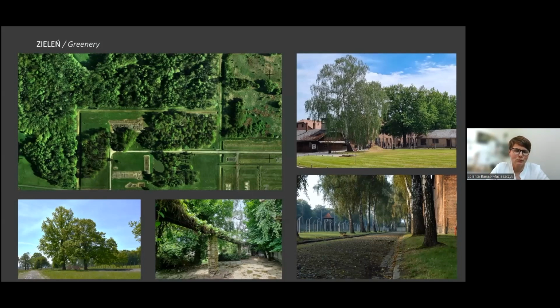In turn, these are the historical oaks at the hospital section in Birkenau. And obviously, in Brzezinka, we need to show those huge forested areas, especially characteristic of the area around ruins of crematoria 4 and 5.